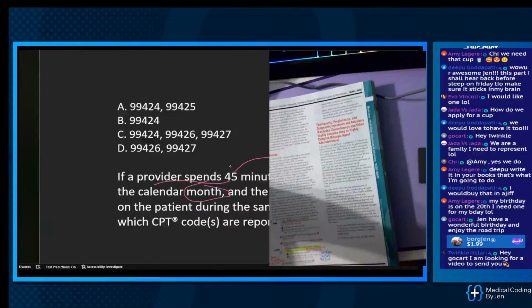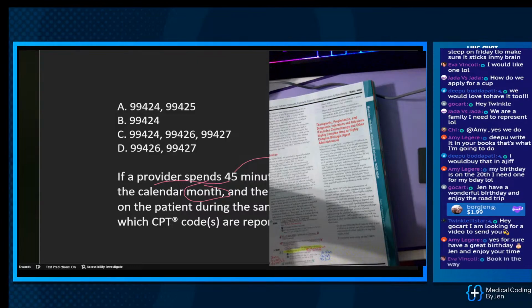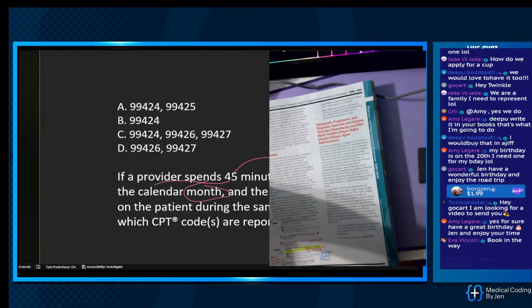You can only bill for the MD. Then you take 45 minutes away from the 60 minutes that the RN spent and see if you have anything left over to bill for her. She only had 15 minutes. You have to bill at least 30 minutes to be able to bill it. So all you're going to do is bill for the MD. You're not going to bill for the RN.